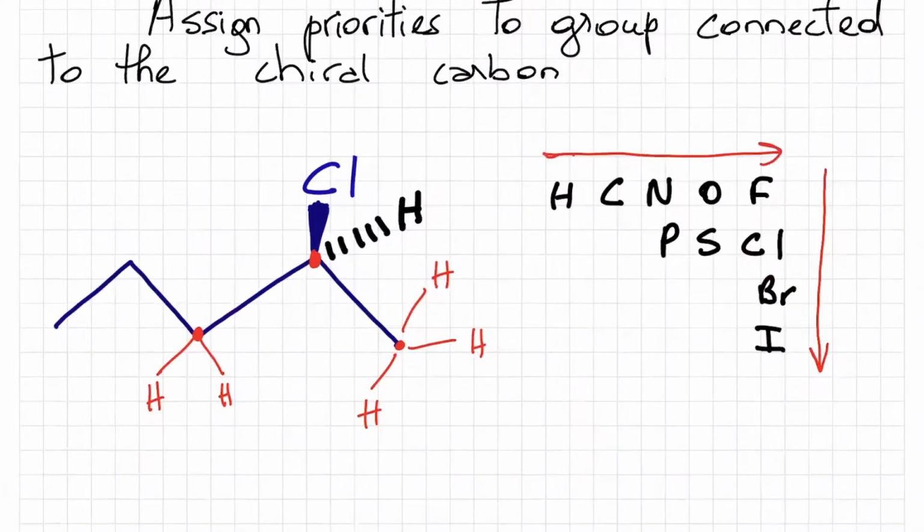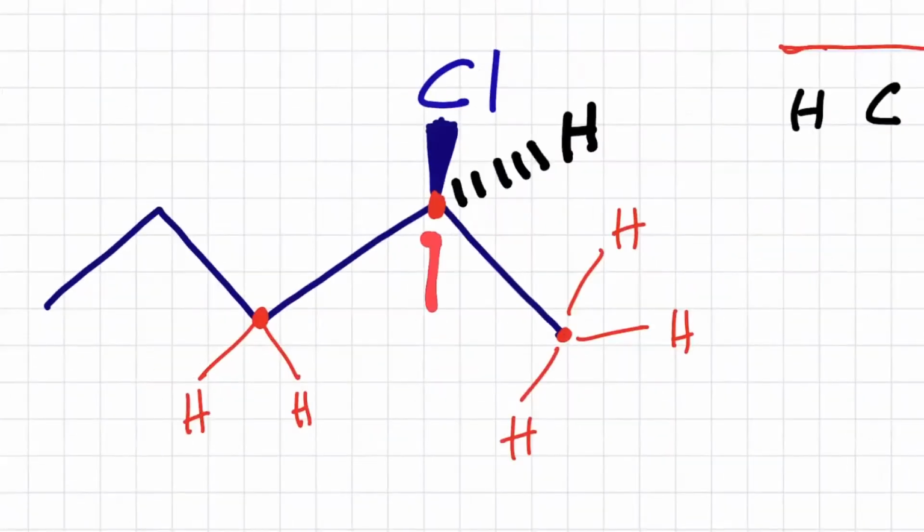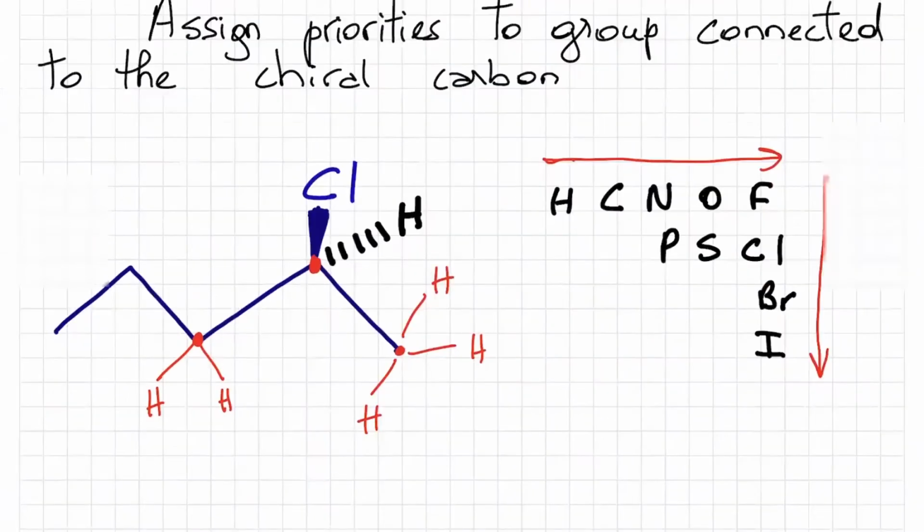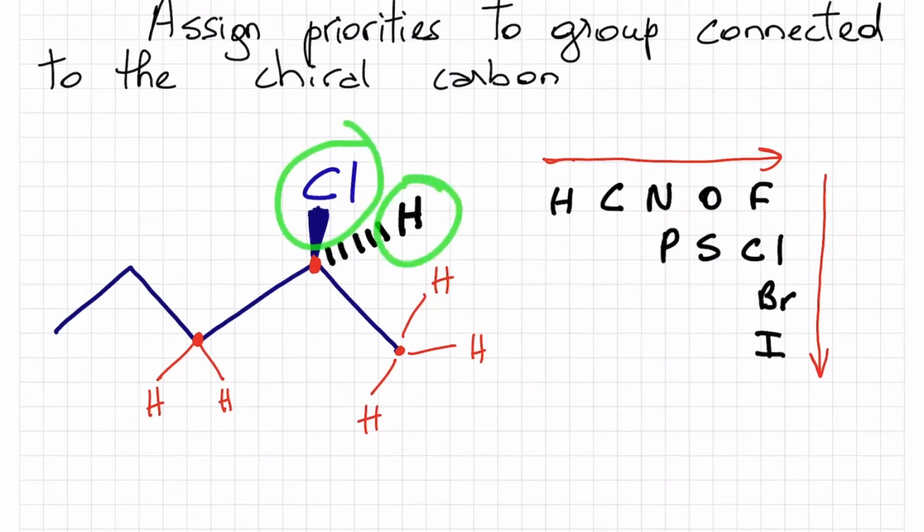Now that we identified the 4 groups connected to the chiral center, let's assign the priorities to them, based on this table here. Let's see which one is the most important, if that's easier for you. We're comparing chlorine against hydrogen against a carbon and another carbon, okay?